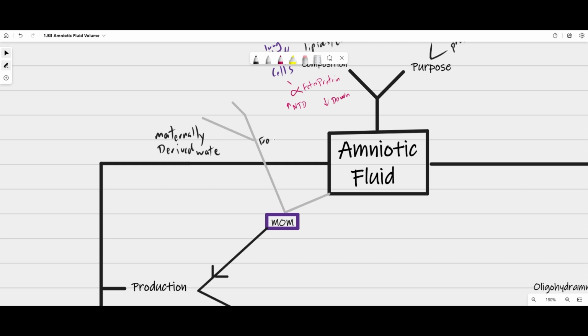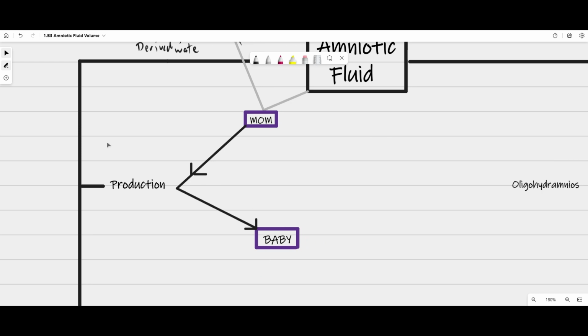And it comes from a couple forces that are acting on that water, one of them being osmotic, and the other being hydrostatic. And the baby's going to rely on mom to make some of this fluid, at least initially, until it's able to kickstart its own production.